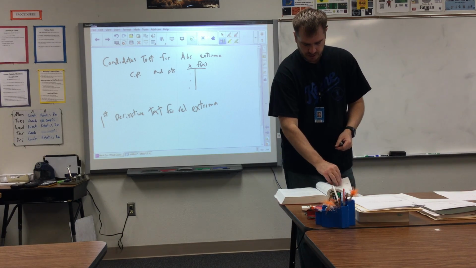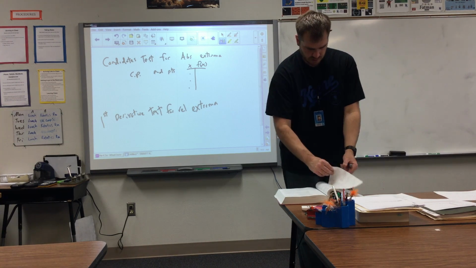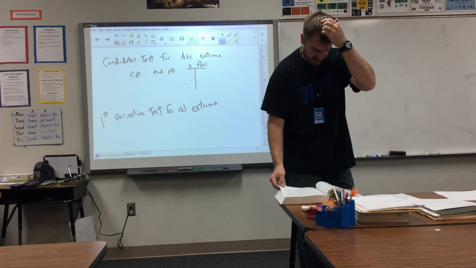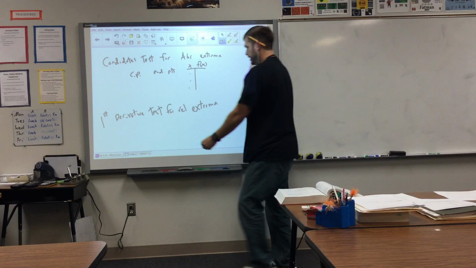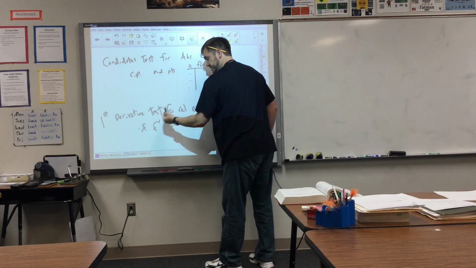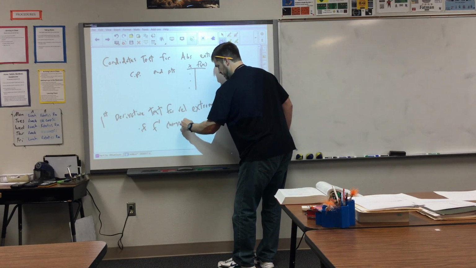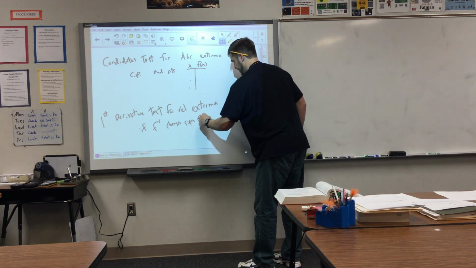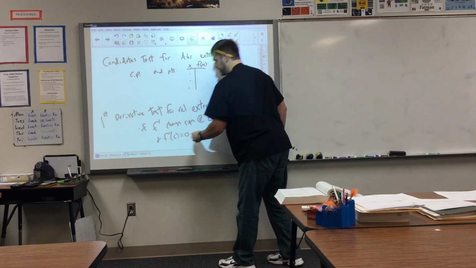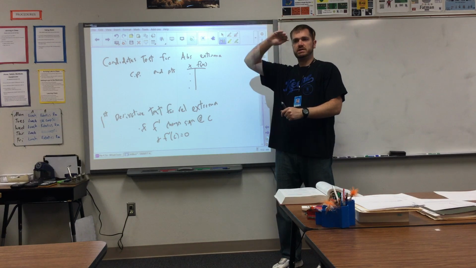And that was back in, might have been slightly before I had to read. Oh, you ought to read that. That was on page 260. And it was, if f prime changes sign at C, and f prime of C equals 0, then you're looking at a relative minimum or a relative maximum.